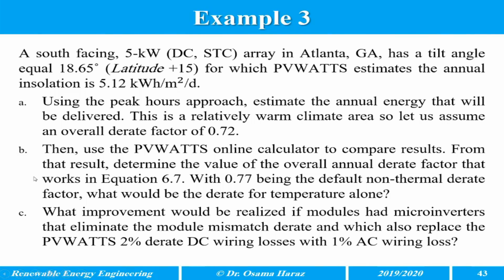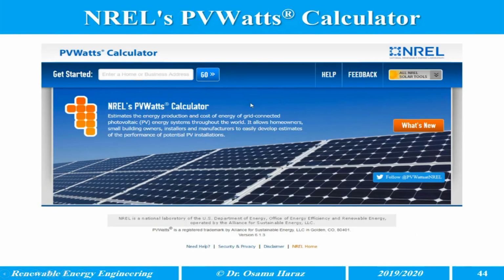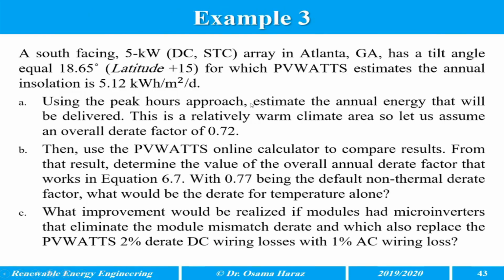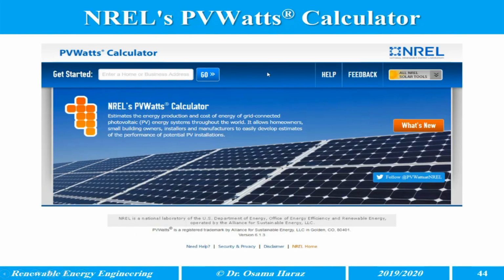There are different requirements in this example, but let's focus on the first part, how to solve it using the peak hour approach. So we need to use the formula to find the annual energy estimated that can be delivered. But first of all, I'll give you a quick hint about PVWatts.